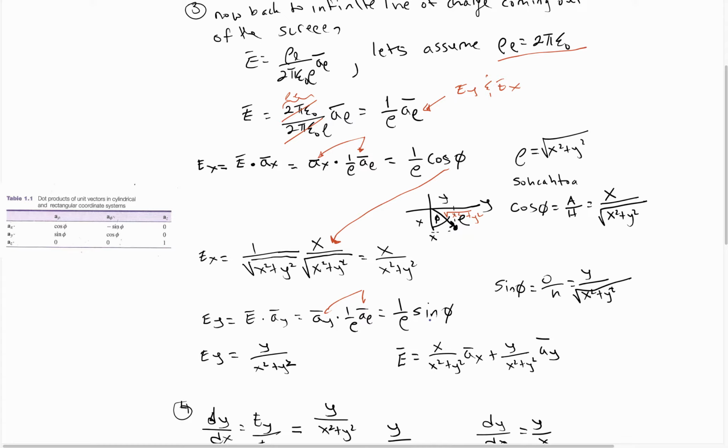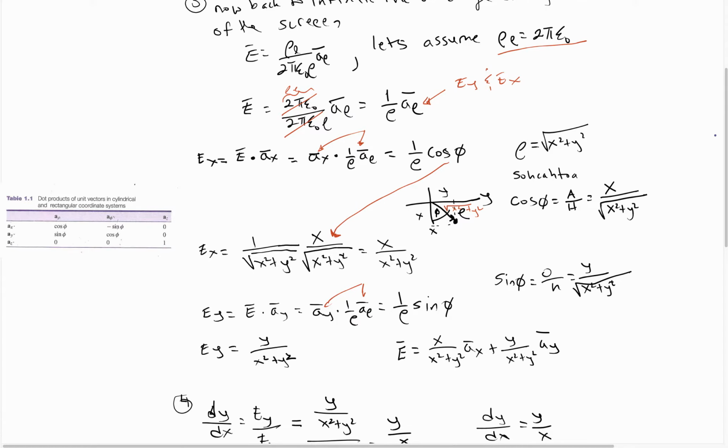Likewise, we do the same thing. We use SOHCAHTOA again. So sine is equal to opposite over hypotenuse. The opposite is this right here, y. So we get y over x squared plus y squared. Just like before, we end up with E_y equals y over x squared plus y squared.